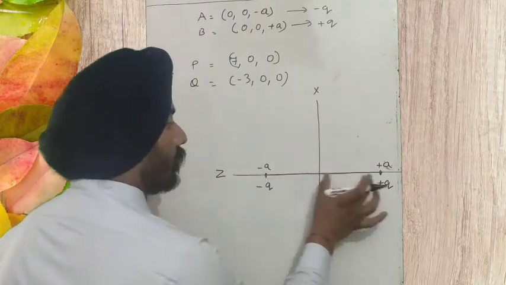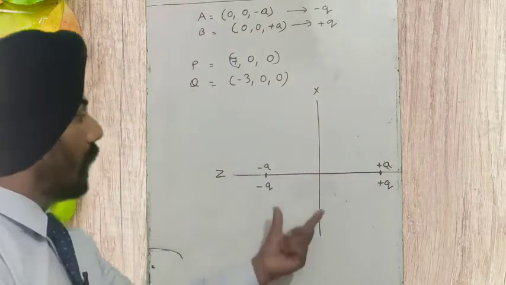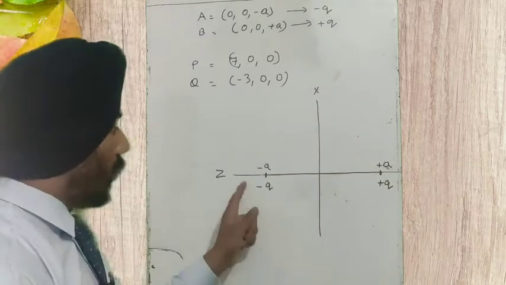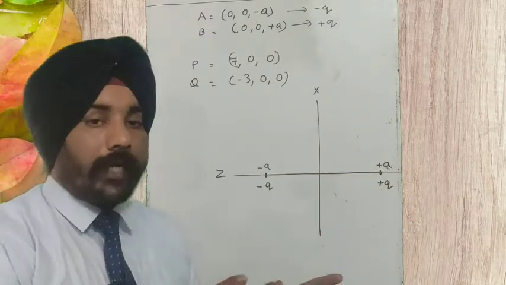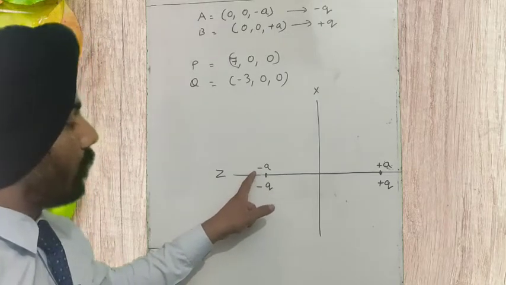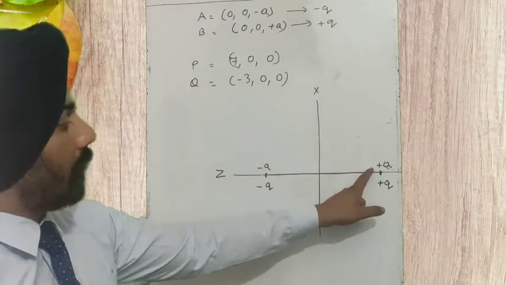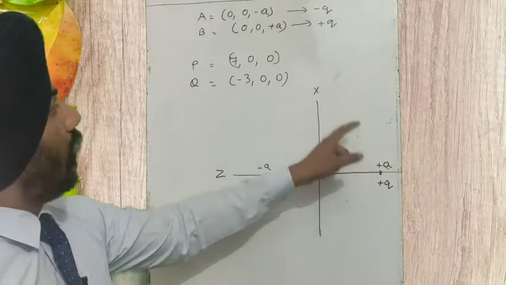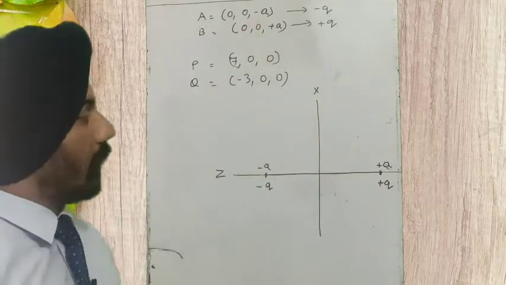The total distance between minus q and plus q is 2a. So this arrangement is quite similar to a dipole. Minus q is kept at minus a, and plus q is kept at plus a, on the z-axis.